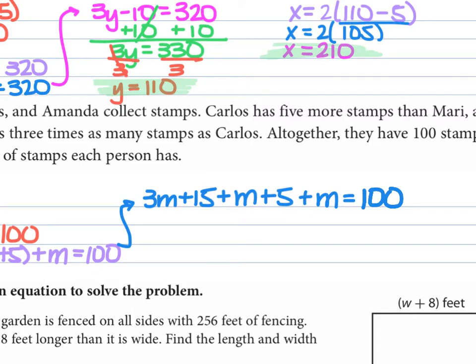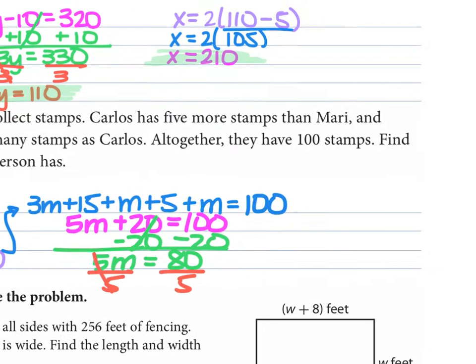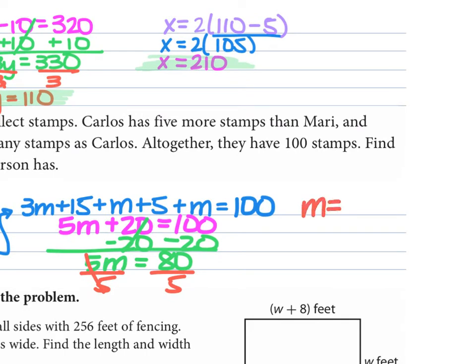The 3M plus M plus M is going to give us 5M. 15 plus 5 is 20, and that's equal to 100. We're going to subtract that 20 to get 5M is equal to 80, and then we're going to divide each side by 5. So M is equal to 16.